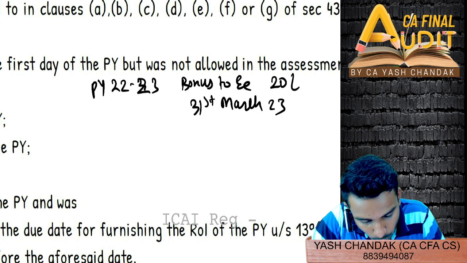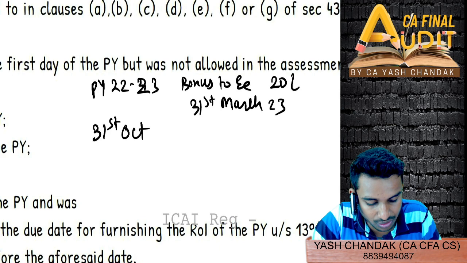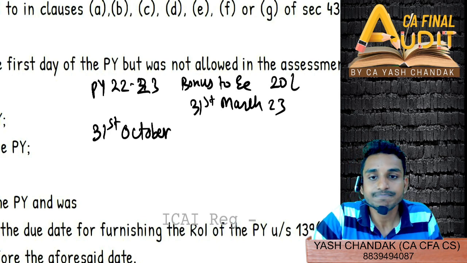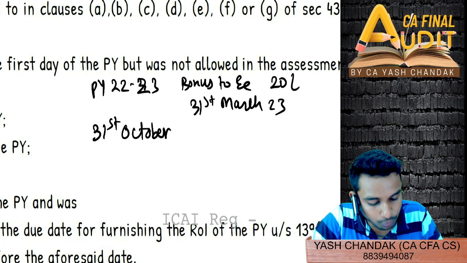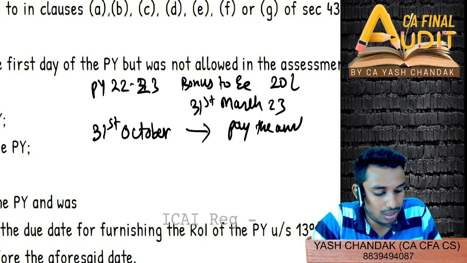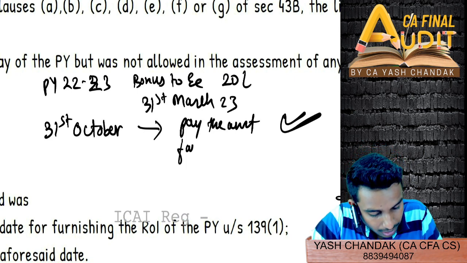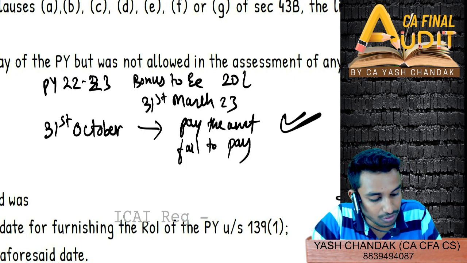So let's say the due date of return of income is 31st October for tax audit cases. If I pay the amount before the due date of return of income, then this will be allowed as expense. If I fail to pay, this will be added back.